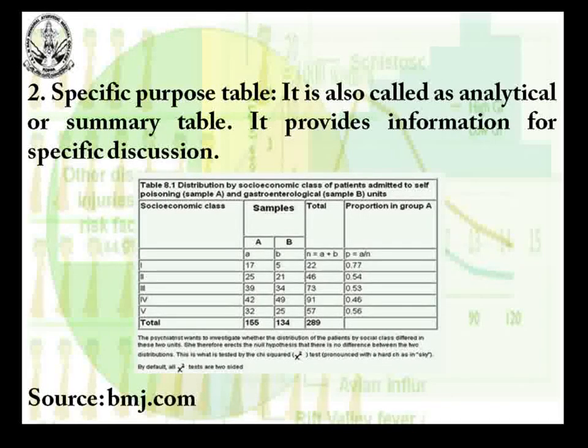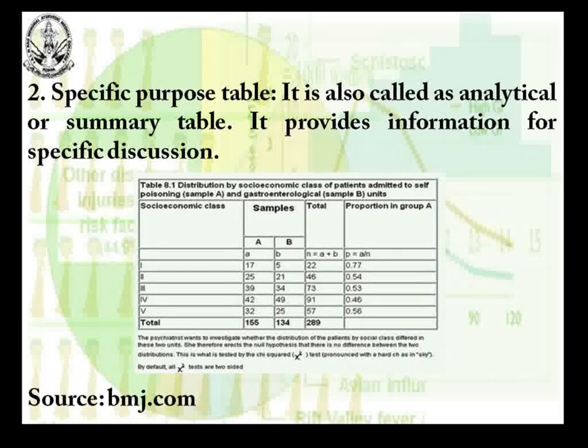Another one is the specific purpose table. It is also called an analytical or summary table. It provides information for specific discussion. You can see the example over here that is taken from the British Medical Journal website. Here they have given the table number. Then the title is distribution by socio-economic class of patients admitted to self-poisoning and gastroenterological units.